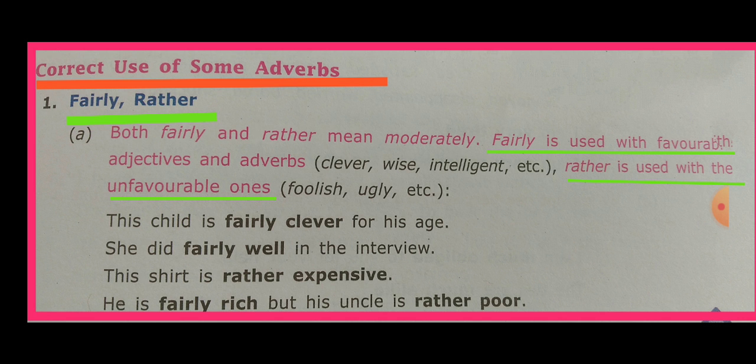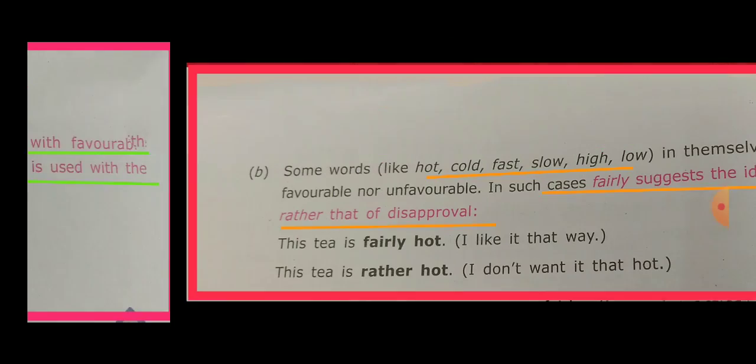Now we will learn about the correct use of some adverbs, fairly and rather. Both are adverbs. Fairly is used with a positive sense, like with favorable adjectives and adverbs, like clever, wise, intelligent, they are used in a positive way. But rather is used with the unfavorable ones, means in a negative sense, like foolish, ugly. So in a positive sense we will use fairly, in a negative sense we will use rather.